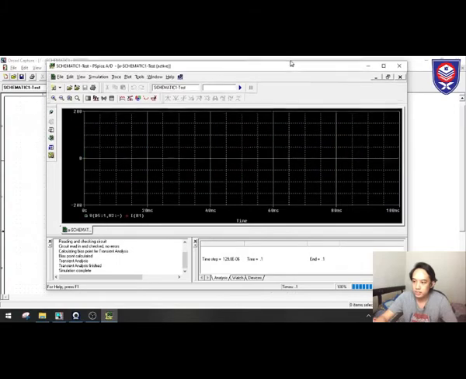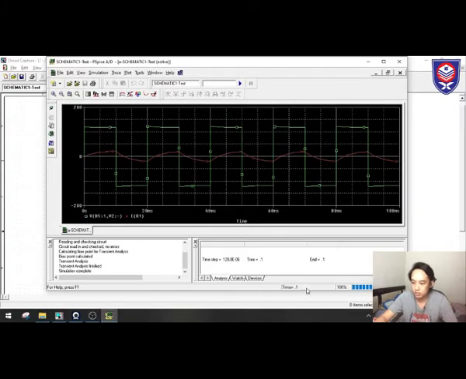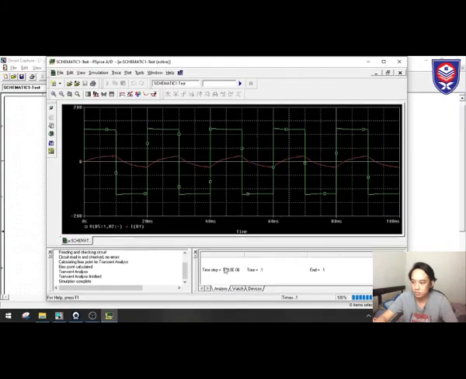So we can see the waveform output for our circuit. The green waveform, the square waveform, is for the output voltage, and the red waveform is for the current output for our resistance and inductance.